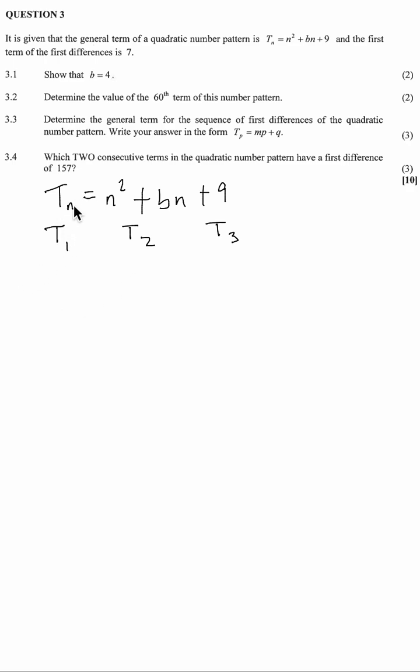So T1, that means n is 1. So I could substitute 1 where there is n. So to get T1, I would have 1 squared plus b times 1 plus 9.